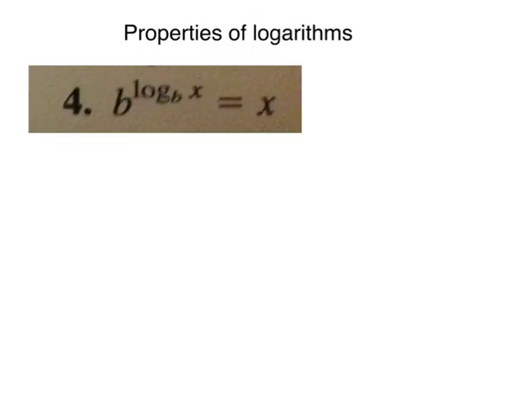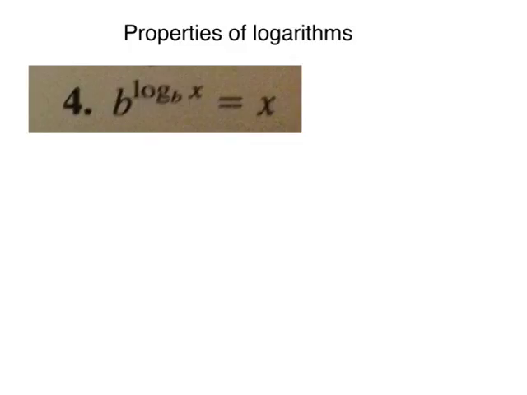Alright, the fourth rule property is in a little bit different form here. The property says if I have b to the log base b of x power, that equals x. Now this is actually the same property as property 3, just in a different form.